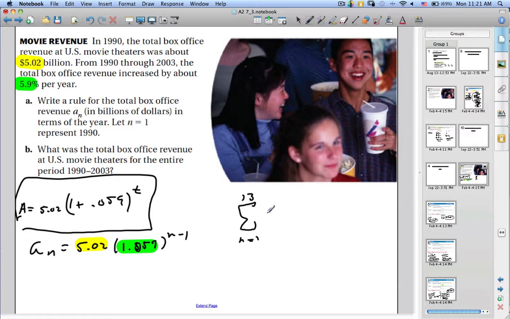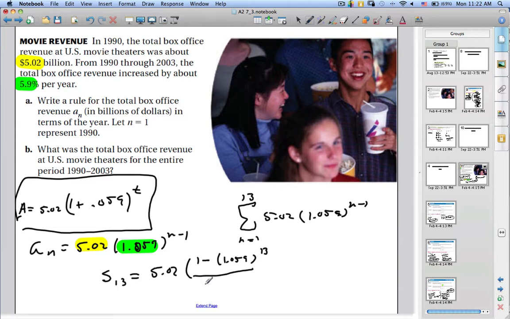And my rule is 5.02 times 1.059 to the n minus 1 power. And I want to find the sum of 13 terms. It's going to be equal to my first term, 5.02, times 1 minus my common ratio, 1.059, to the 13th power, all over 1 minus 1.059.